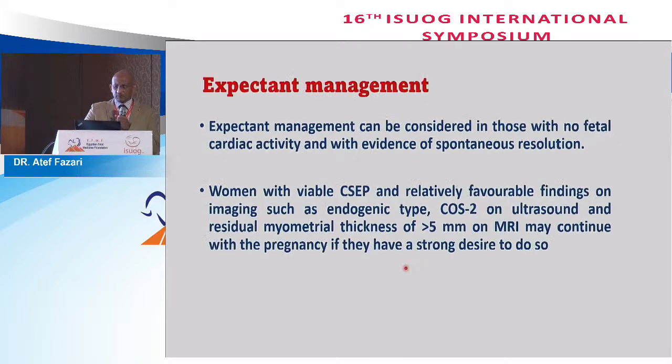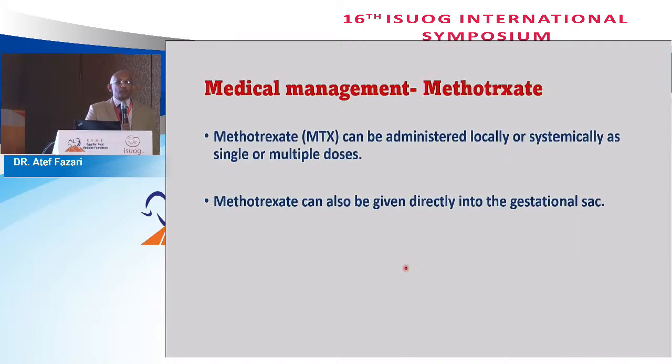We have a systematic review that showed the outcome of expectant management: 70% live babies, and the rate of hysterectomy almost the same, 70%. For the medical treatment, we have two choices: either methotrexate or other feticidal treatment like lidocaine.